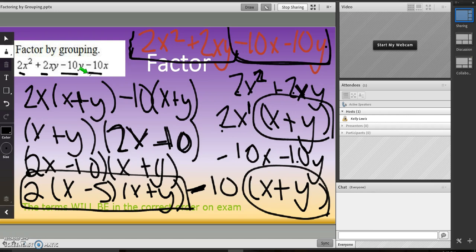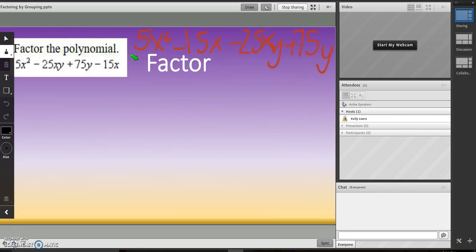All right, let's do another one just like that. Okay, remember, I'm going to give it to you where it's already written correctly, which is why I rewrote it up here. There's a couple on the homework that aren't. Let's do another one. Okay, this isn't written correctly, so I rewrote it for you. First 2, second 2.